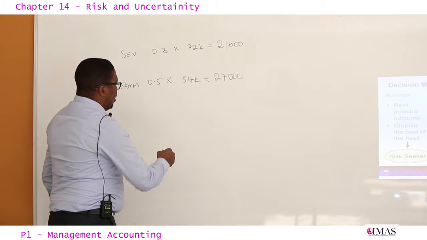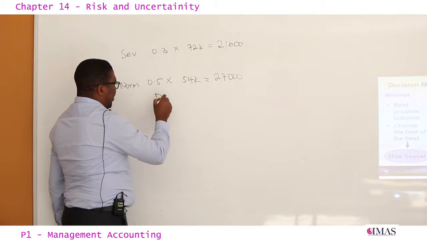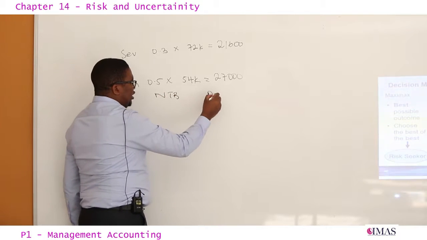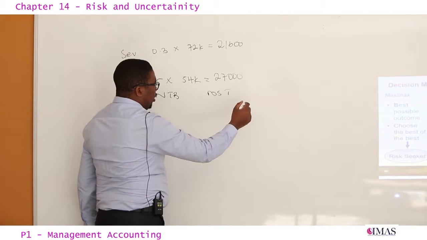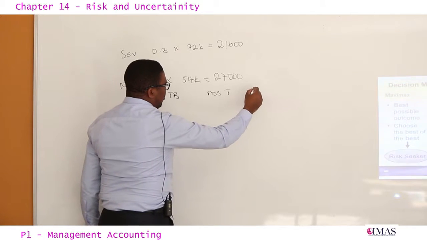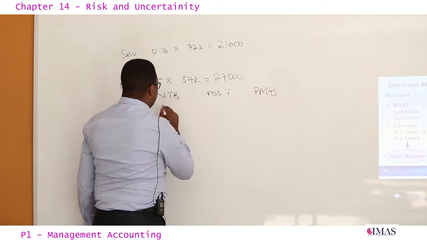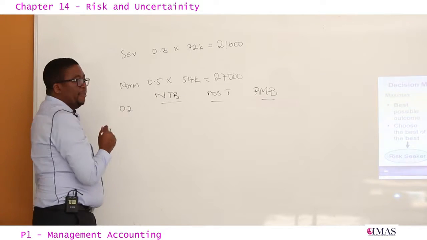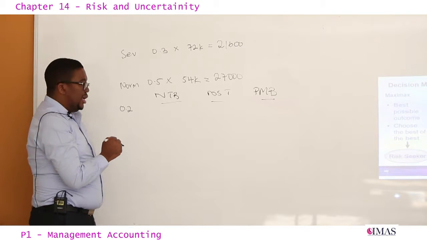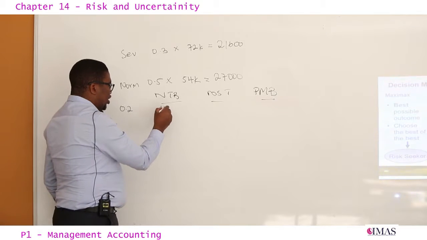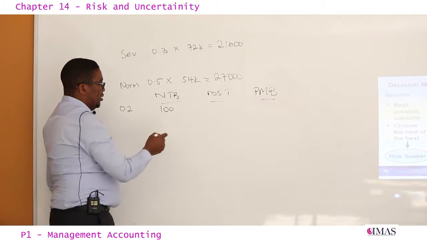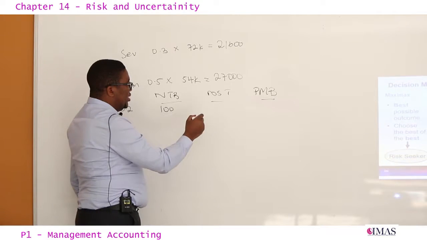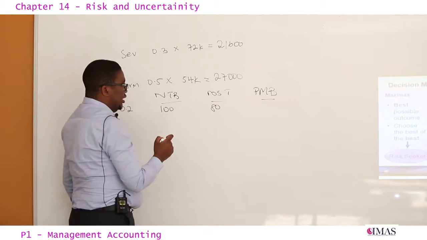Let's then assume that we want to open a branch of IMAS in Witbank, in Nelspruit, and we're considering opening another one in Pietermaritzburg. Then we're saying there's a 20% probability that we'll have 100 students in Witbank. But there's a 20% probability that we'll have 80 students in Nelspruit.